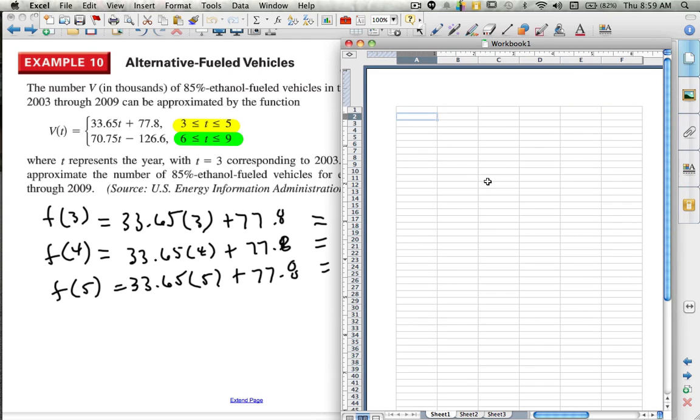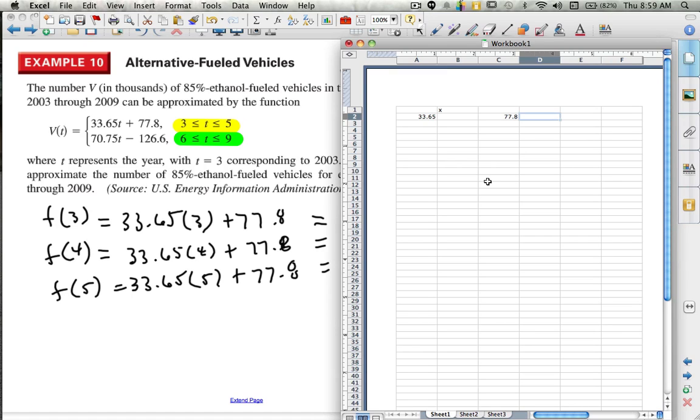So I know I'm going to have 33.65 as one thing, and then this is the value that's going to change. So I'm going to call this X. And then I'm going to have 77.8. That value never changes. And over here I'm going to put in a formula.